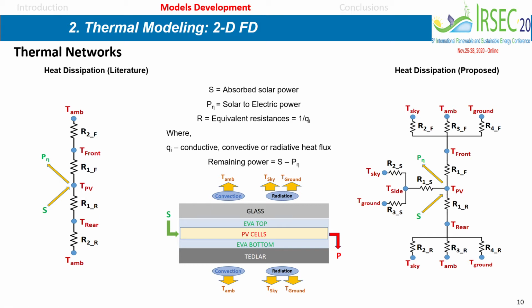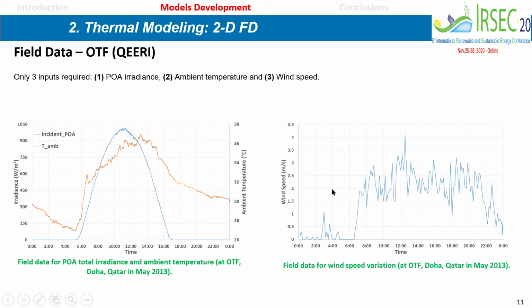So we looked at how we can improve this, and by just looking into the boundary conditions, the sides and the top and the bottom of the PV panel, we decided to redefine these boundary conditions in terms of sink temperatures, as you can see here at the bottom, at the top, and also on the side. And by doing that, we were able to improve the results quite a bit.